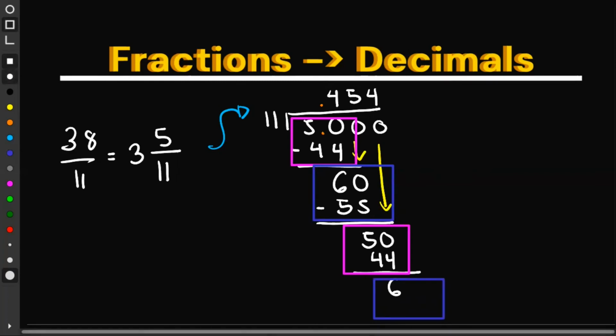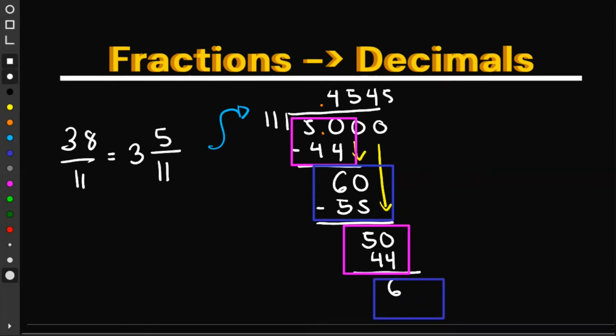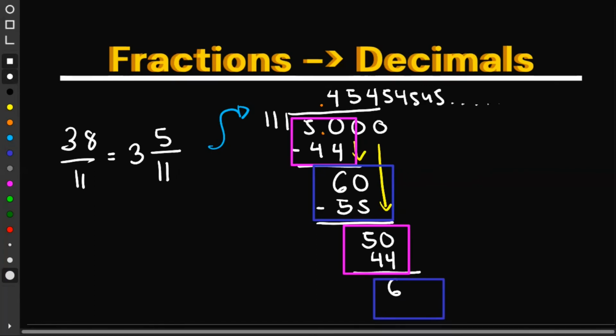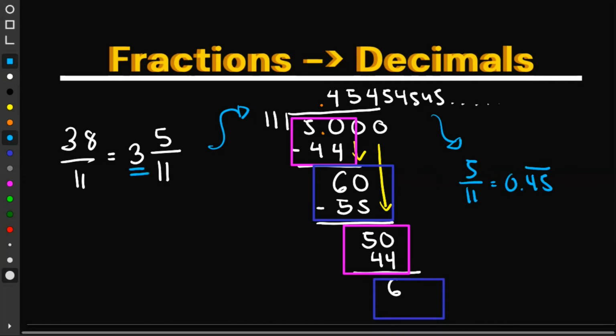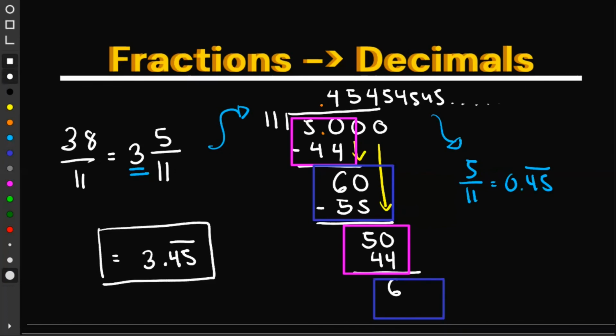So we know that this would be 45 again, then 45, then 45, and it repeats. So we can write this one as 5/11 is equal to 0.45 bar, since the 45 is the repeating decimal in this one. Since we still have the 3 out here, we can write this one as 3.45 bar. And that is our final answer.